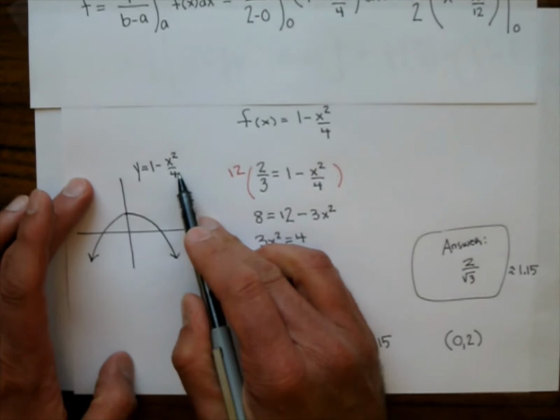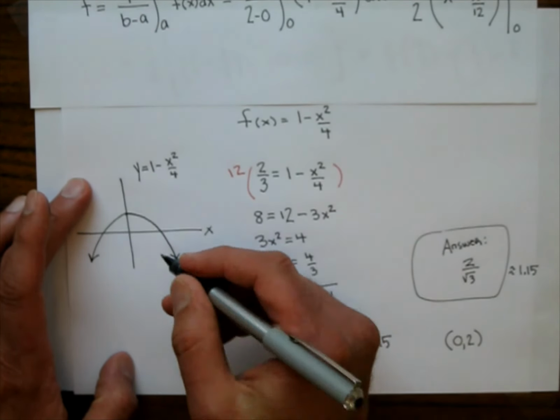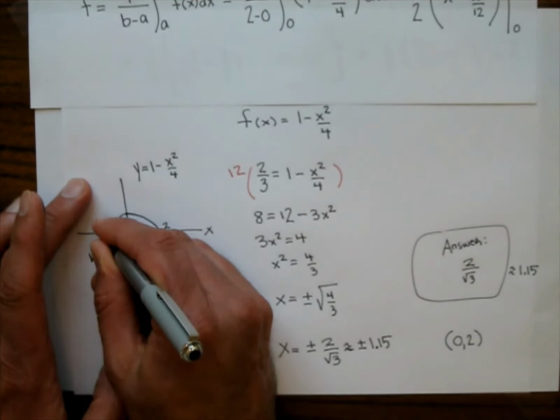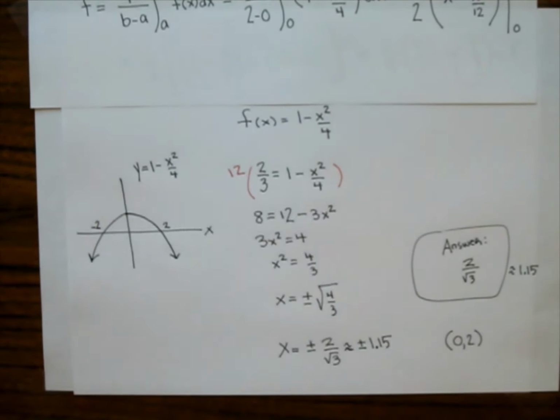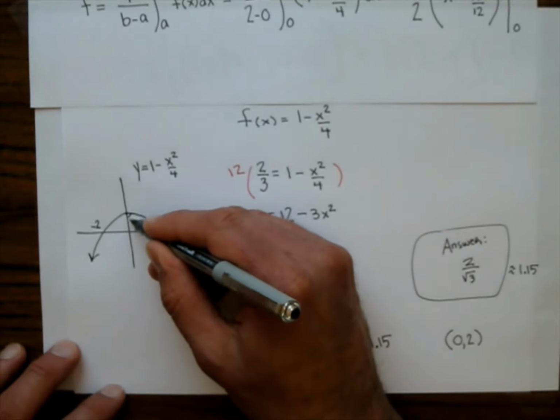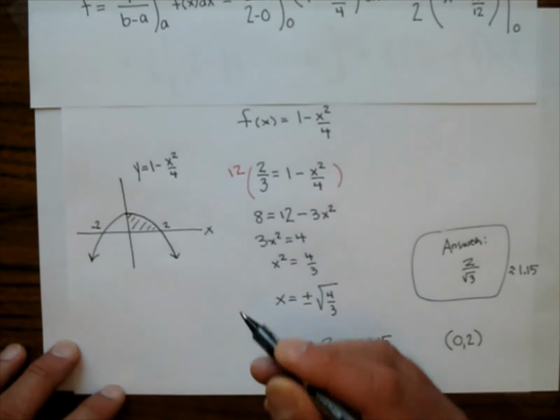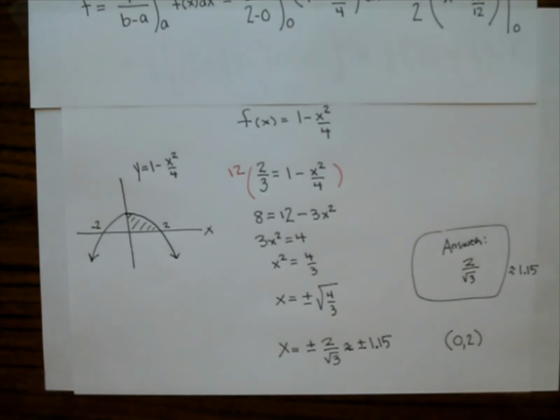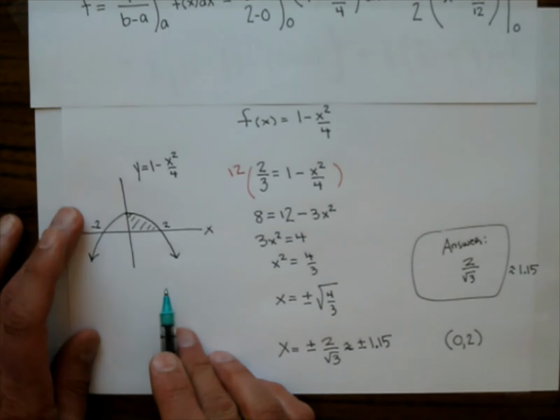You can find the x-intercepts. I think the x-intercepts are 2 and -2. Our time interval we're interested in is this right here, from 0 to 2.